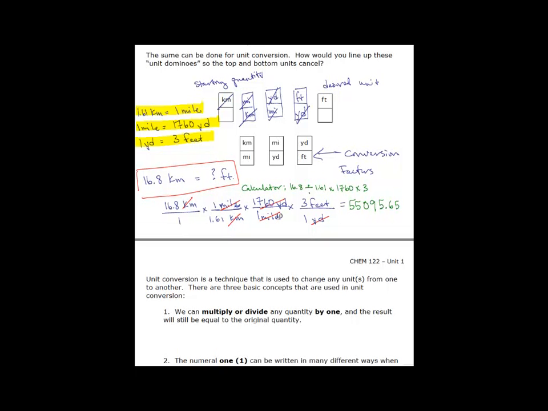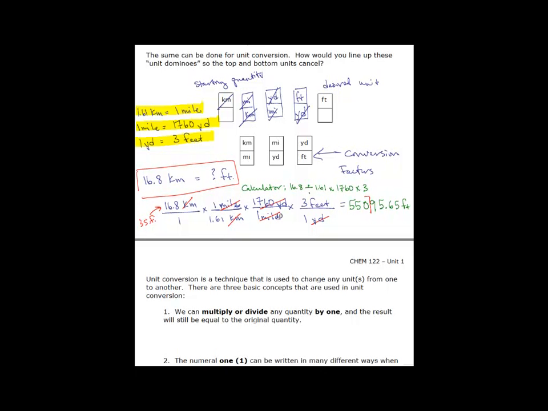55095.65. Now if I just put that number, it doesn't really mean anything. Remember that I need to put units. Now I need to adjust for sig figs. So I have 3 sig figs starting off. I don't pay attention to the sig figs of these conversion factors, because they are exact numbers. So I just pay attention to my starting quantity. So 3 sig figs, my answer needs to have 3 sig figs.